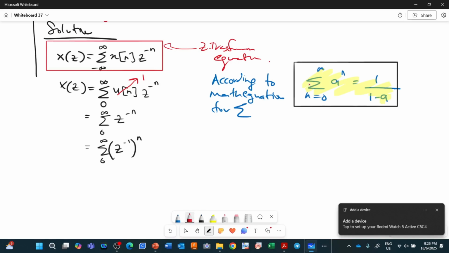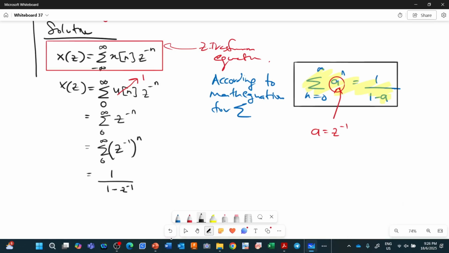So what's your a over here? Based on this, your a is equal to z minus 1. According to the math equation for summation, you can write it as 1 over 1 minus z inverse 1.